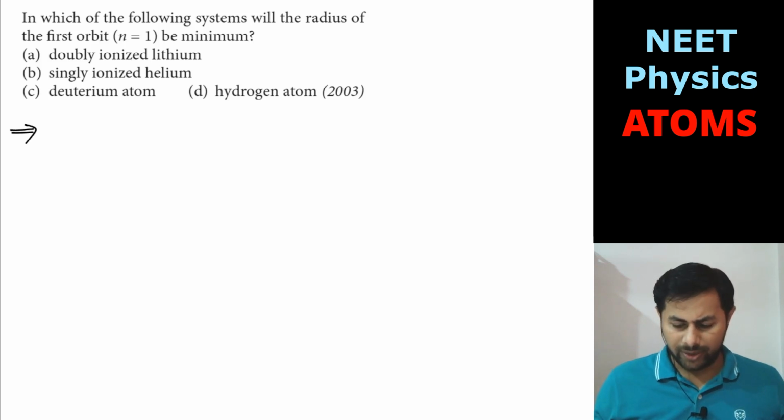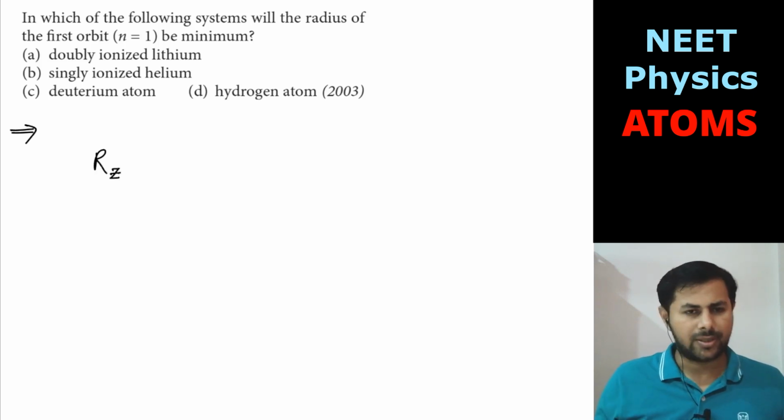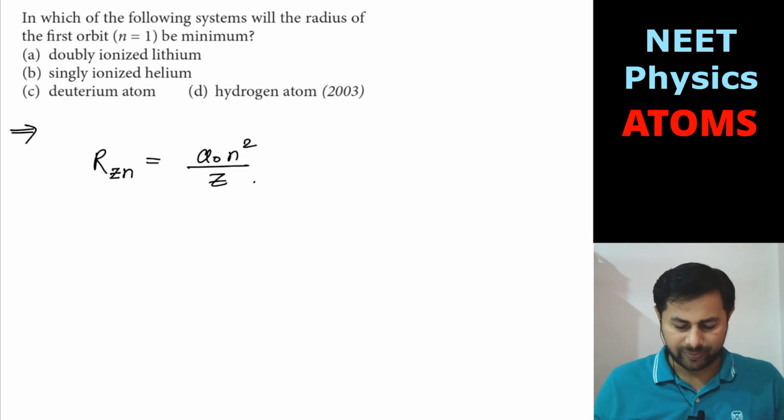So what is the formula for the radius? The formula for the radius of the atom having atomic number Z, in the nth orbit, but we want n equals 1. So this is just a naught times n square by Z. This is our formula, right?